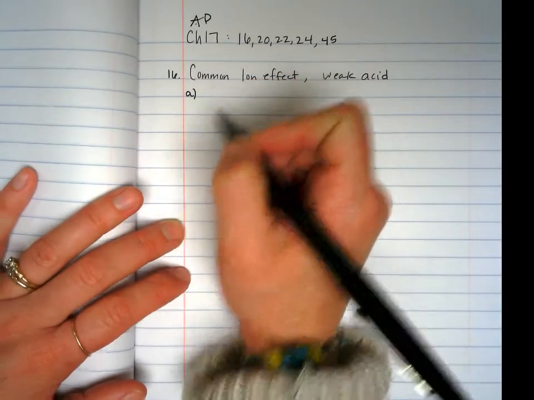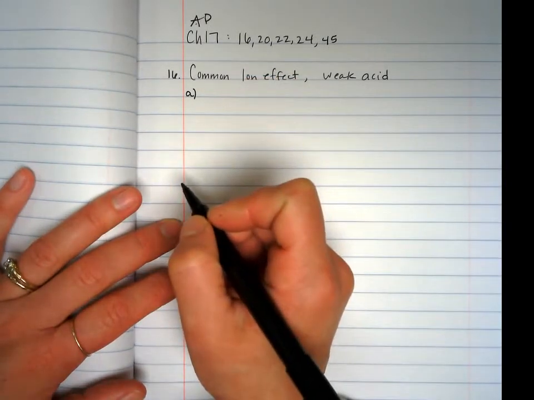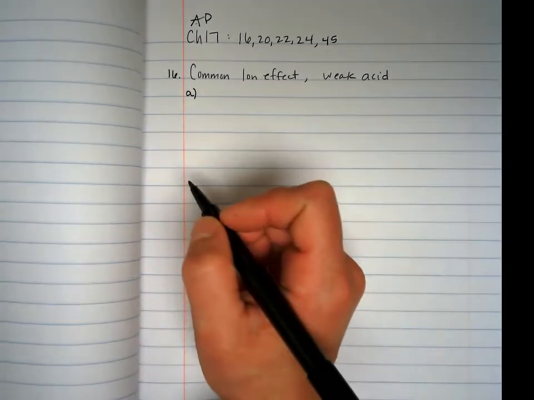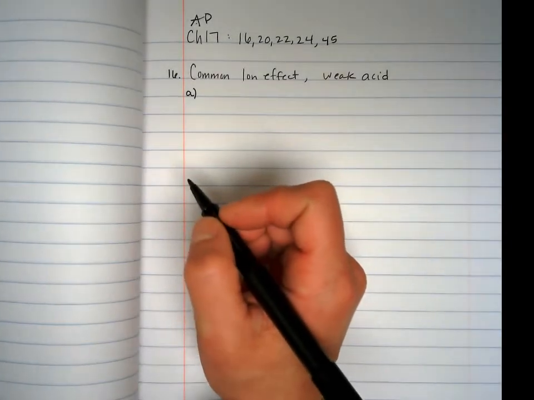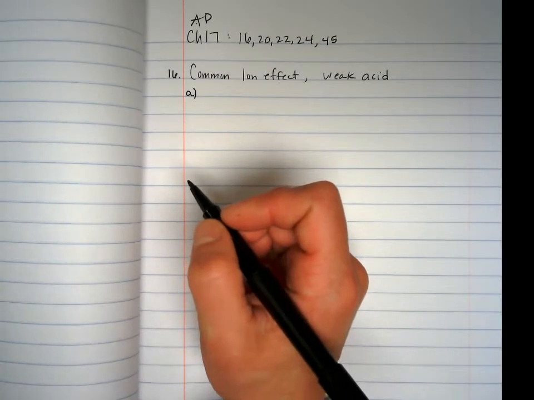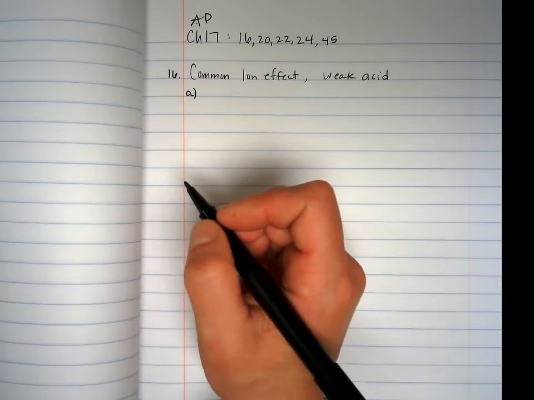So A says, use the information from Appendix D. So I went up to Appendix D and I looked up the Kas or Kbs of any of the weak acids or bases that we're dealing with in these problems.